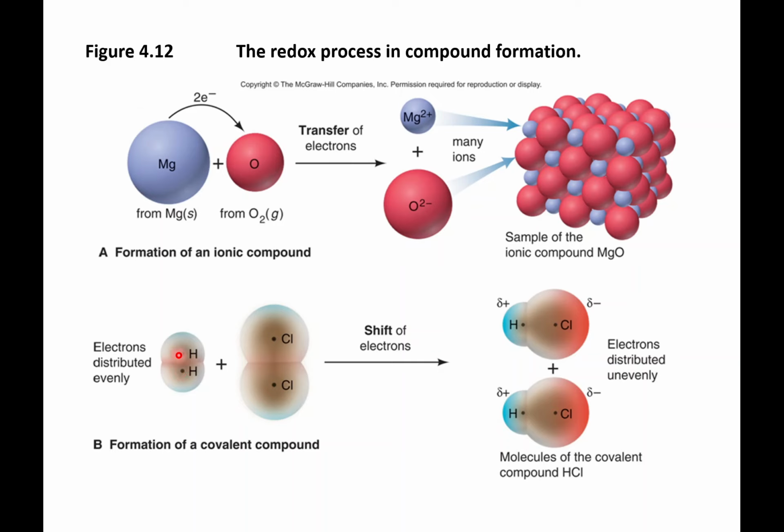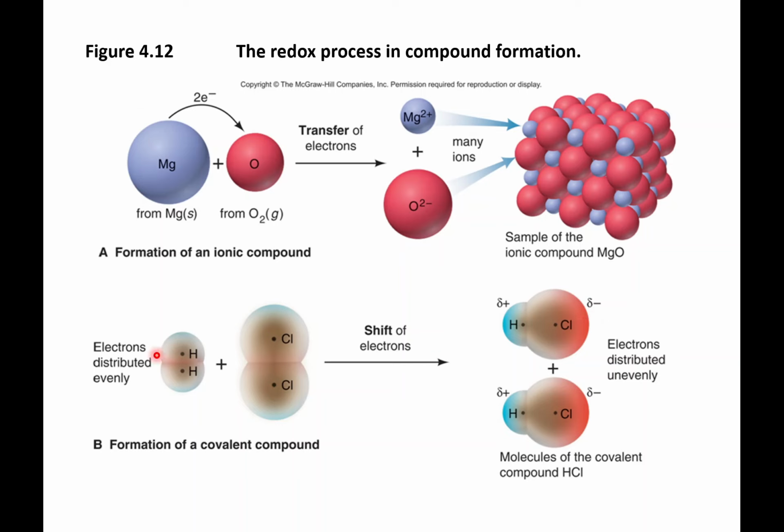Because they have 2 atoms that are the same, their electrons are shared evenly. Okay, when these react and form 2 molecules of HCl, now those are very polar bonds, and there's a very uneven distribution, right? More of the electron density is around chlorine because it's more electronegative. Okay, that is a shift of electrons. So you have, in a sense, hydrogen giving up its electron to chlorine.